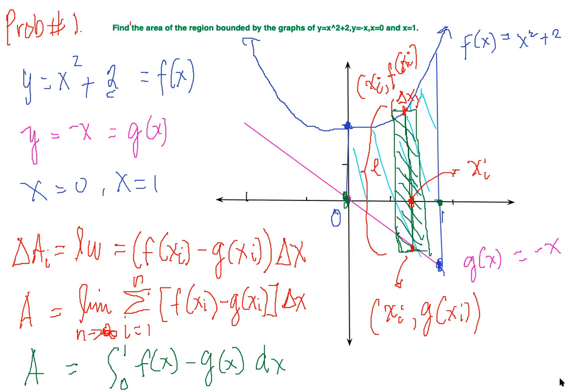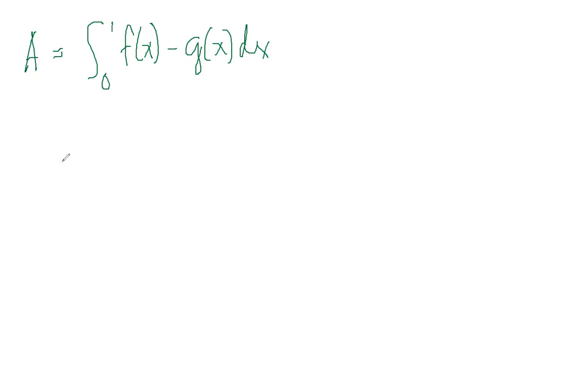All right, let's go to the next board to solve for the area. Okay, and let's just copy our integral notation or the working equation that we had. So that's the integral of f of x minus g of x dx, with respect to x from 0 to 1.